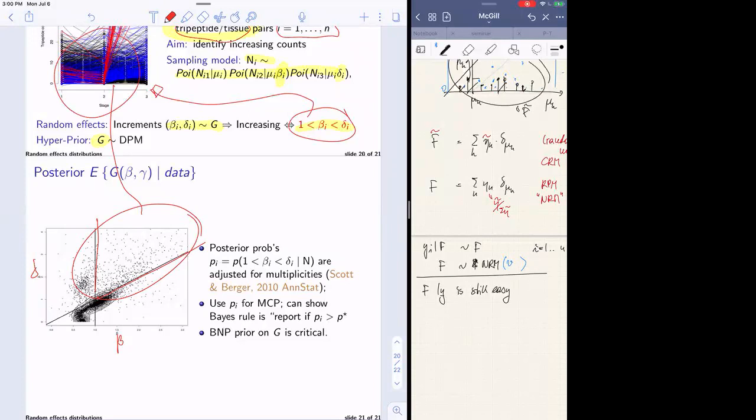All the dots are simply the beta_i, delta_i pairs. Fitting a bivariate normal to these dots, we would totally miss it. We want to identify the guys in here because they are hopeful treatment targets for binding peptides to certain organs preferentially. If you want to deliver a treatment specifically to kidney tissue, then you might want to make use of that.